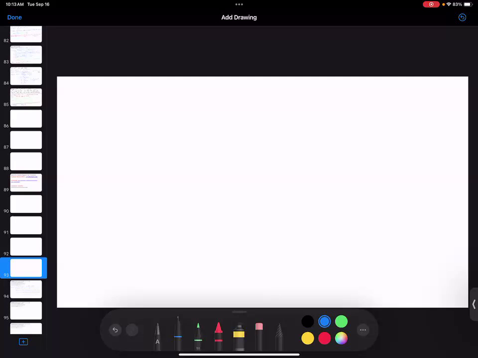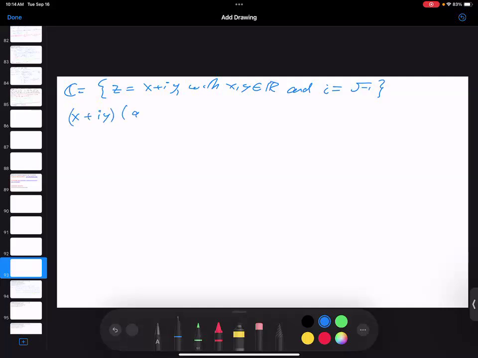Okay, so C is the set of all z equal to x plus iy, with x and y real, and i is the square root of -1. If I give you two complex numbers, x plus iy and a plus ib, how do you multiply those two complex numbers?